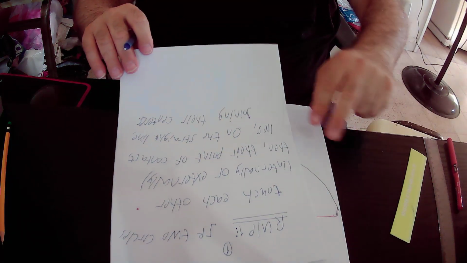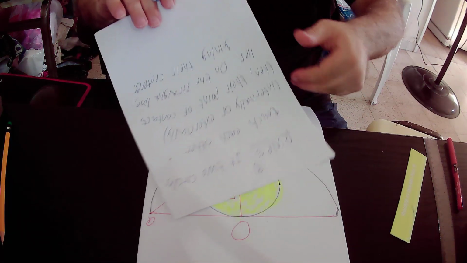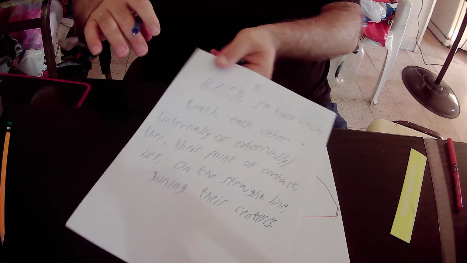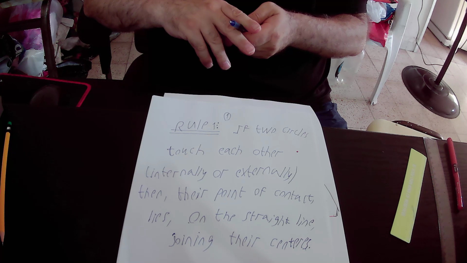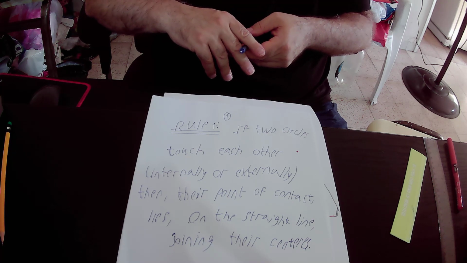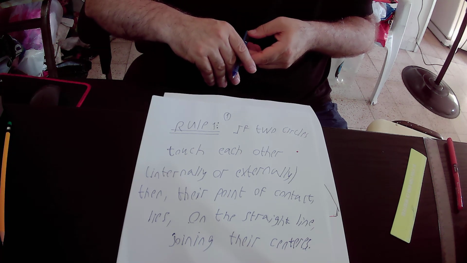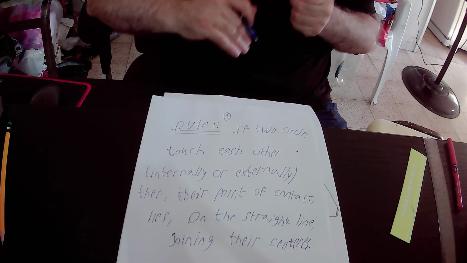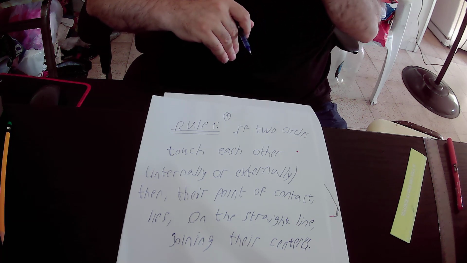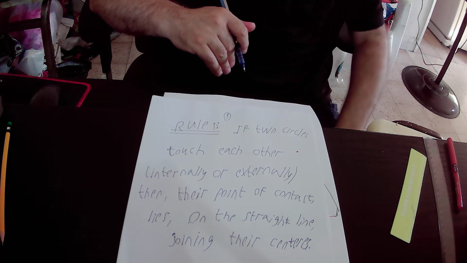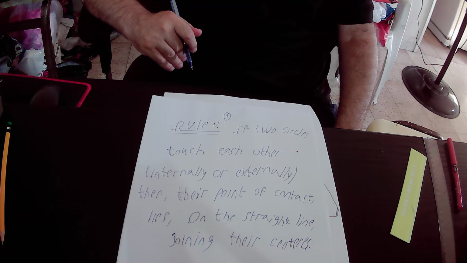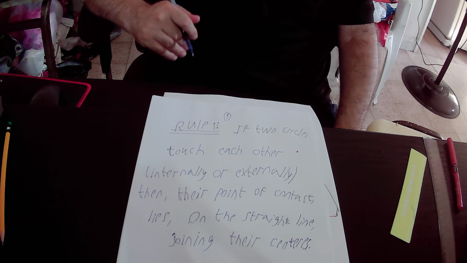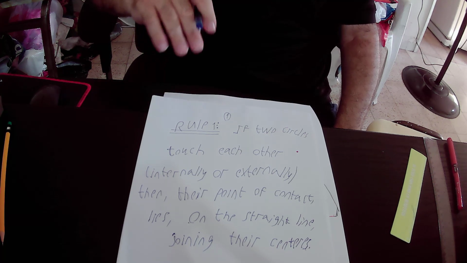I will read rule number 1 again. Rule number 1 states that if two circles touch each other either internally or externally, then their point of contact lies on the straight line joining their centers.